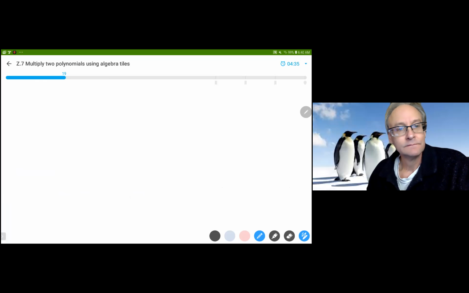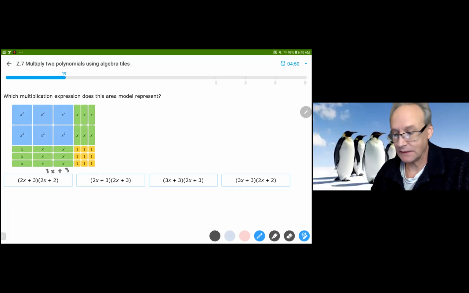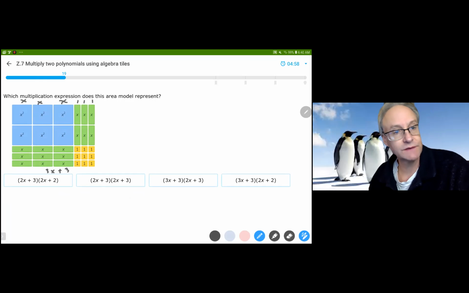And this one is 3x plus 3, which is probably easier to see along the bottom here. I don't want to accidentally touch it. Along the bottom is easier to see than the top, but this is still x by x, and you still have an x and x and x and a 1 and a 1 and a 1, which is still 3x plus 3.